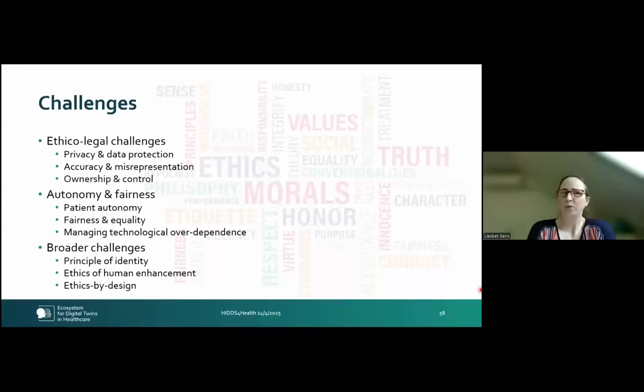But there are also challenges related to autonomy and fairness. Is the patient still autonomous? Can we do this new bit of technology in healthcare without increasing inequality? Are we still being fair with respect to all of the citizens? Are we not becoming over-dependent on technology? Those are some of the questions that can be looked at.